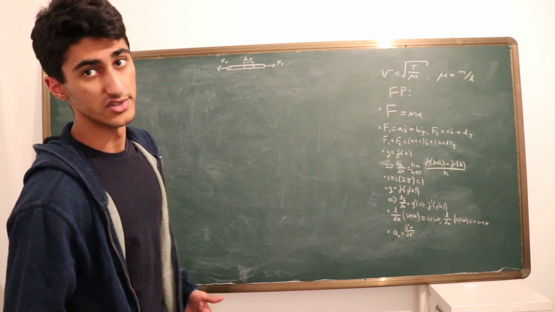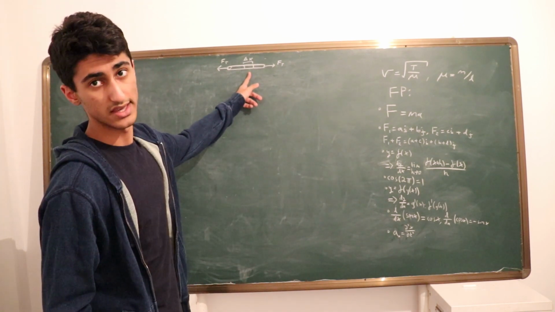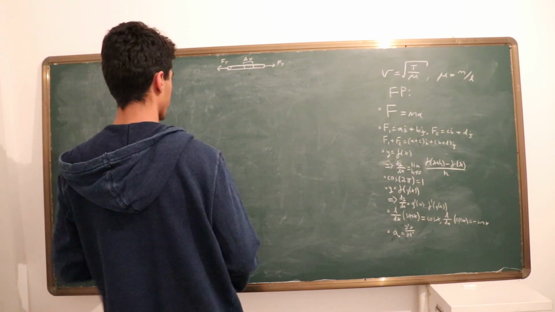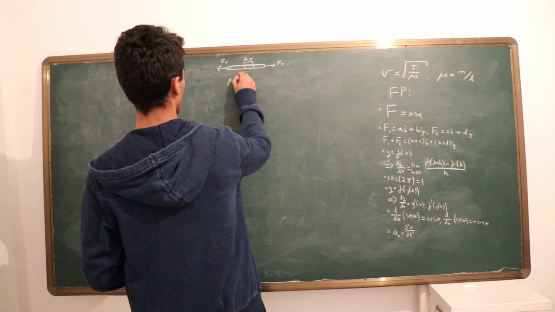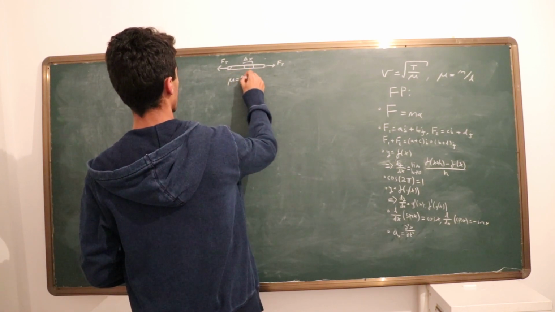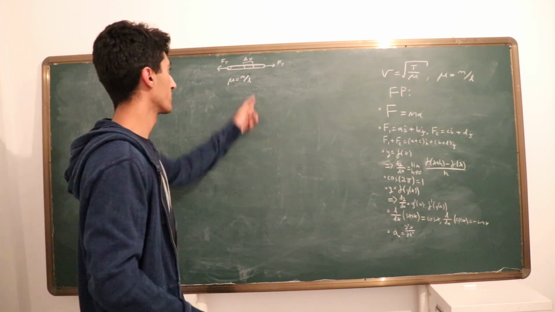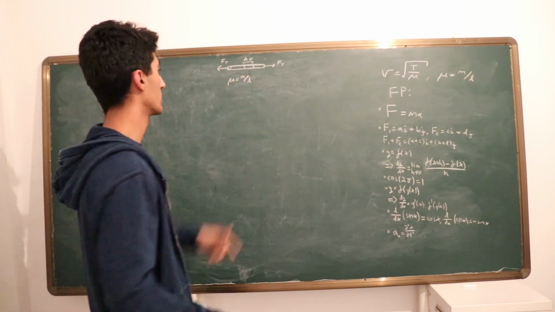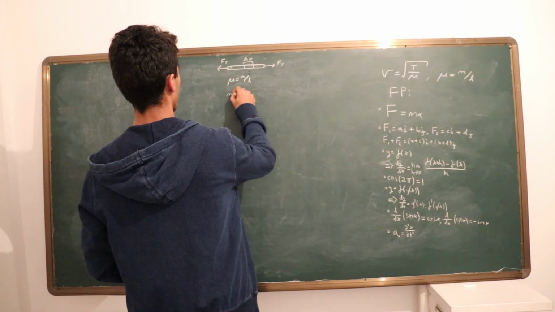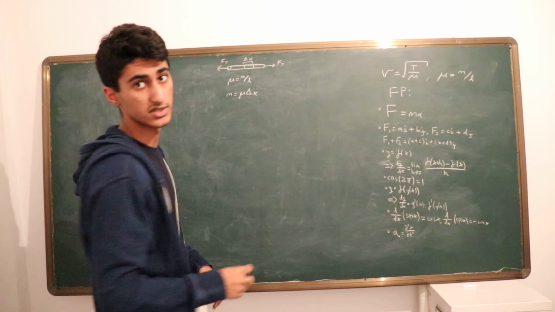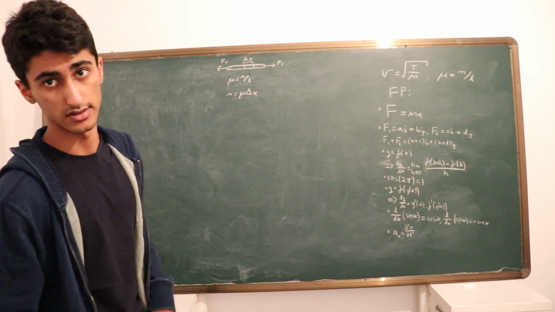And we're interested in this piece of string, delta x, which we're going to say is a small piece of string. If I define mu to be the mass per unit length, then by definition, the mass of this piece of string is going to be mu delta x, because our length is delta x in this case.